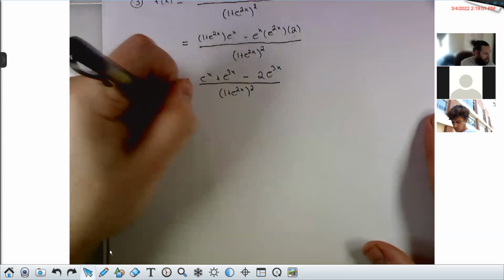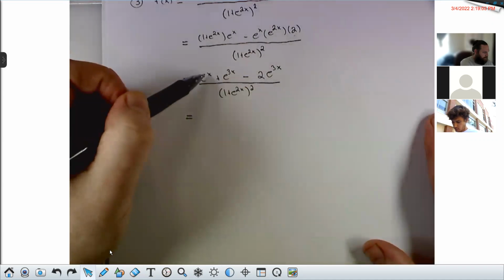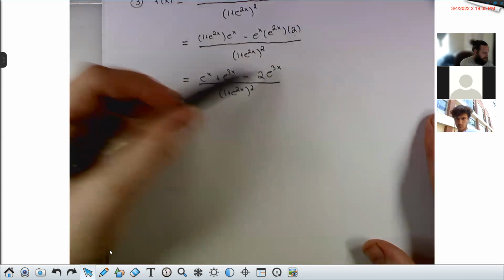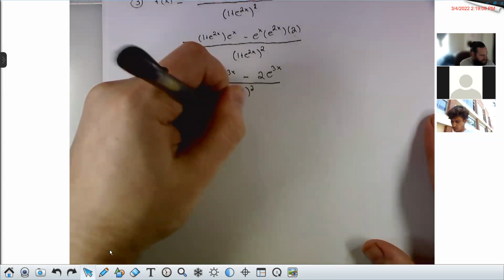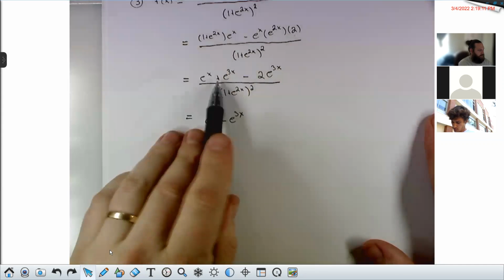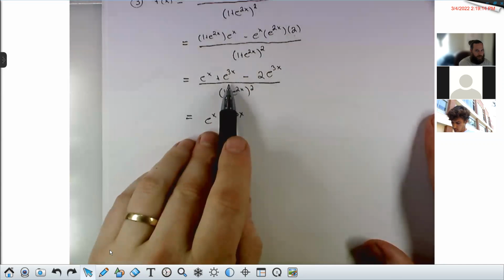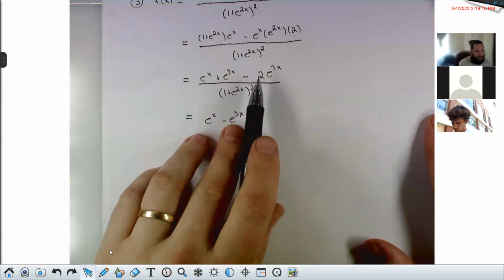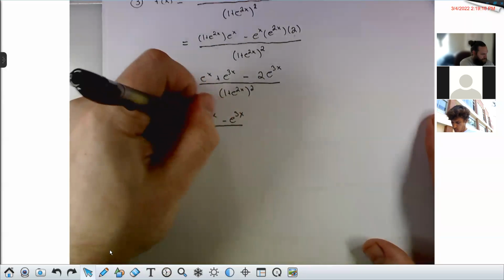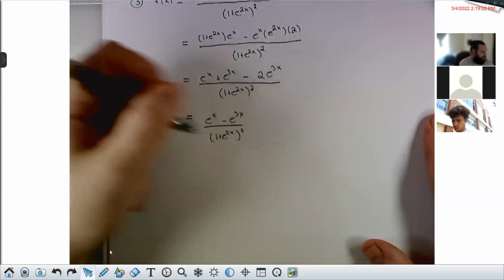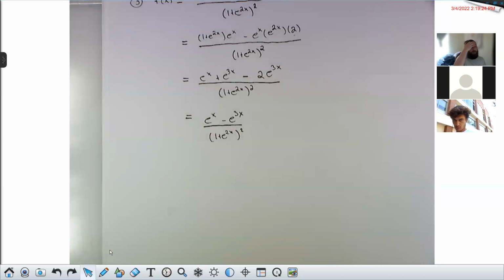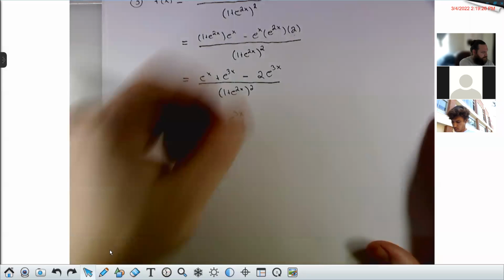Combining like terms, I have e to the x plus e to the 3x minus 2e to the 3x. That's e to the x minus e to the 3x. This guy and this guy. 1 apple minus 2 apples is negative 1 apple. Now I can factor an e to the x in the numerator.